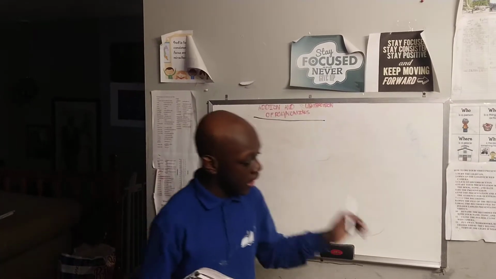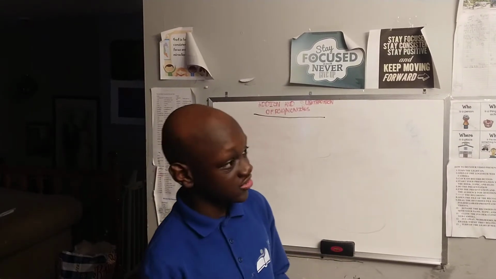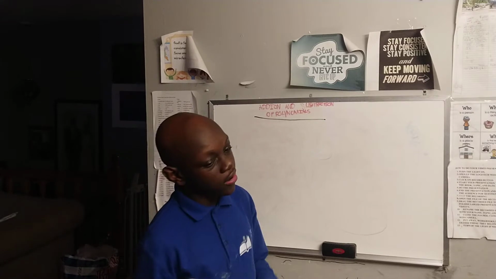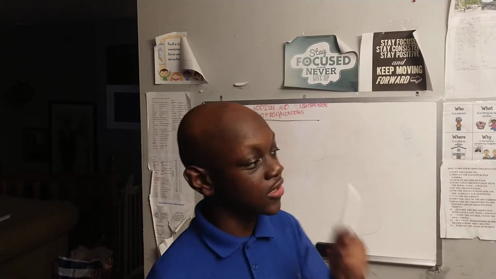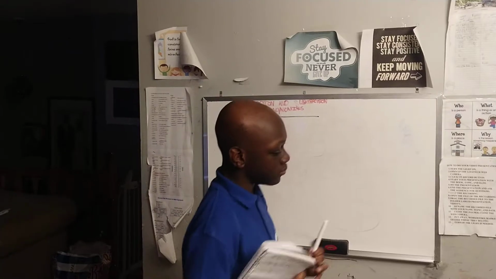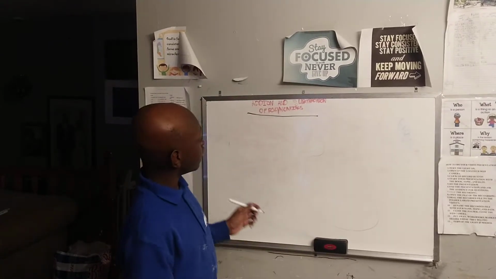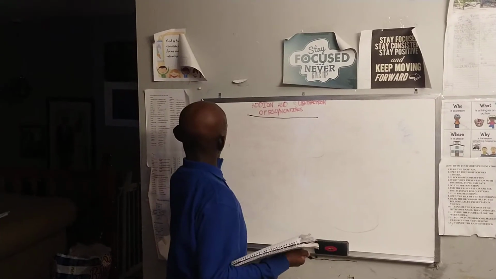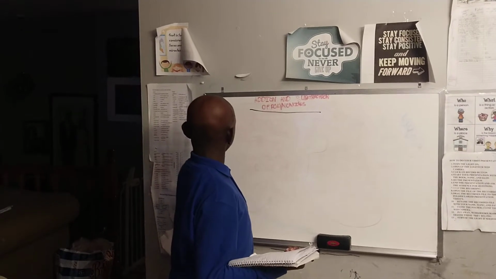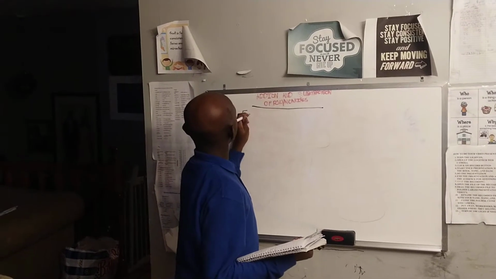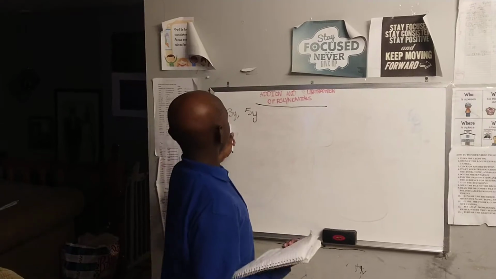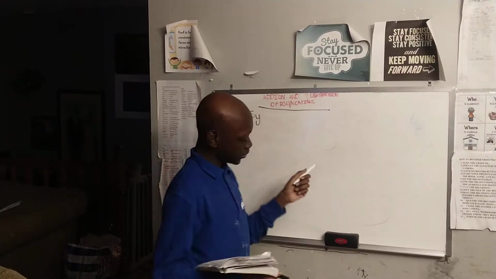whenever you add polynomials together, the variable part of the term must match. For example, 3y and 5y.